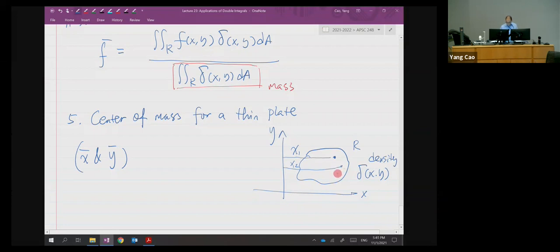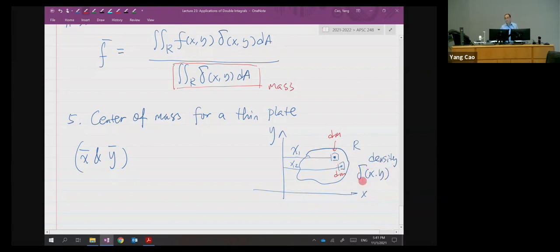However, the key here is there is a density function associated with the thin plate. So technically, the density at each location could be different. In other words, this location has a very small differential mass, and there's a different differential mass around another location, determined by the density function.